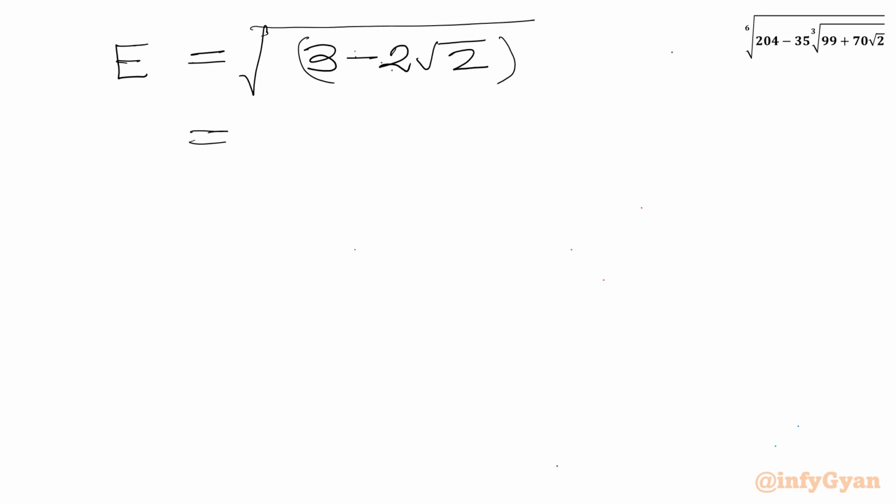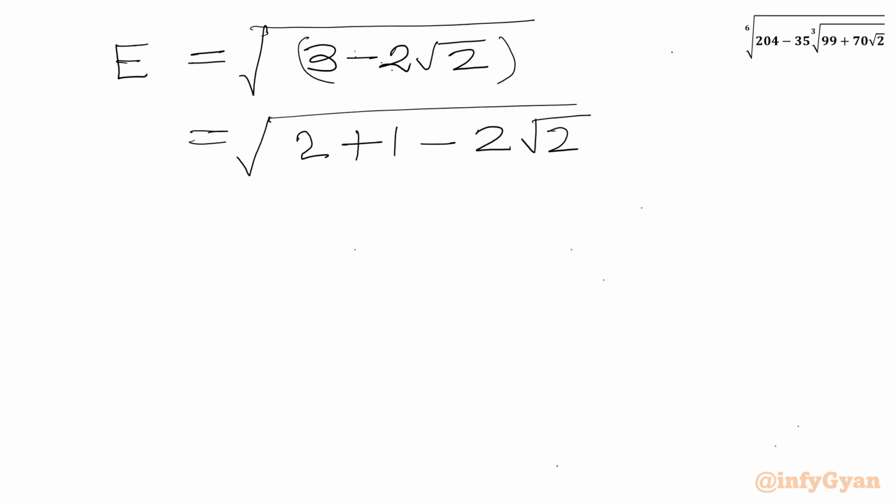Now I can write 3 as 2 plus 1. Then we have minus 2 square root 2. Can we write 2 as root 2 whole square? 1 as 1 whole square?